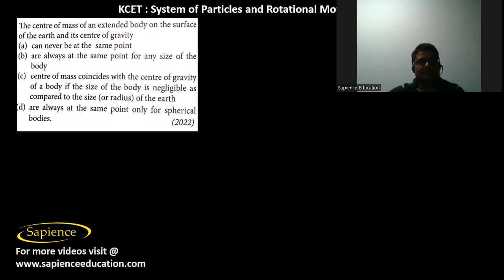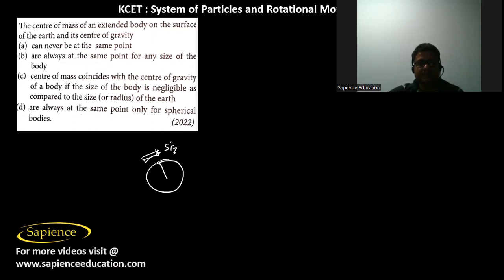Then it is told the center of mass of an extended body on the surface of the earth, and its center of gravity will coincide only if the size of the object is negligible as compared to the size of the earth.